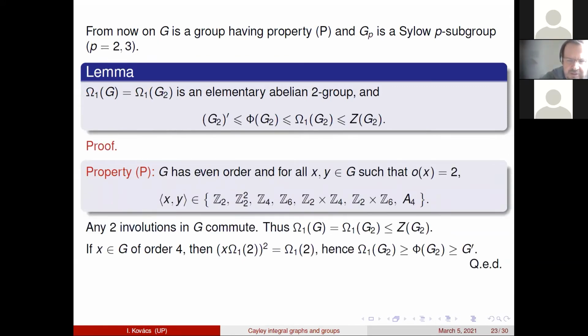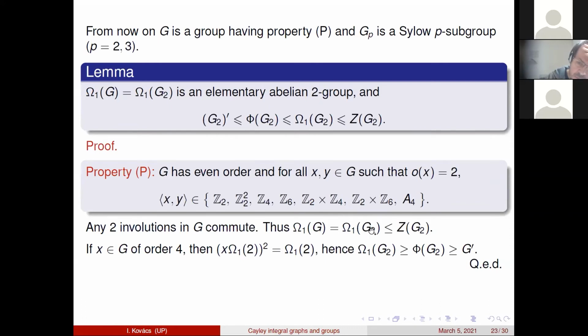We just use the property, and you see the involutions commute, so what they generate is a 2-group. Because it's normal in the whole G, it should be in the Sylow 2-subgroup as well, and in fact it should be Omega-1 of the Sylow 2-subgroup. In the Sylow 2-subgroup, any involution commutes, because they don't commute only with elements of order 3.